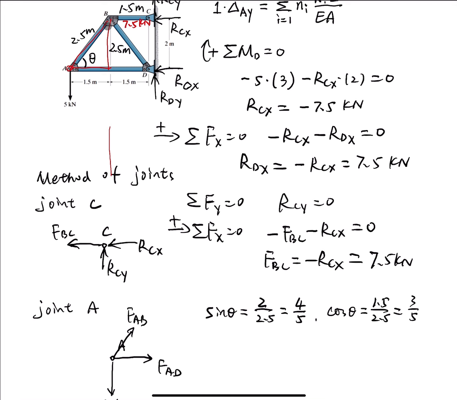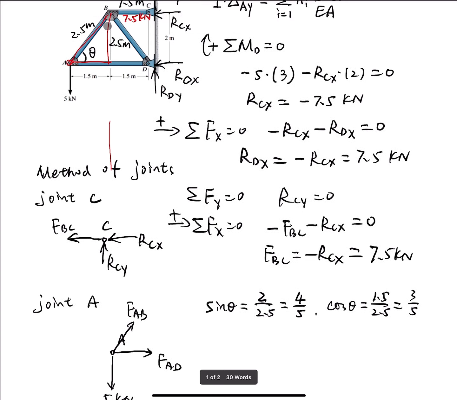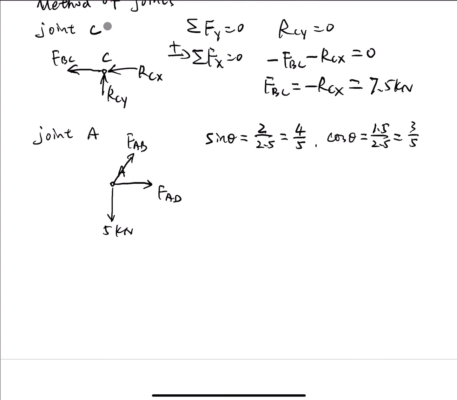So once we know theta, we can calculate FAB and FAD. First of all, in the y direction, the sum of forces in y equals 0, positive is going up. So this is FAB sine theta.